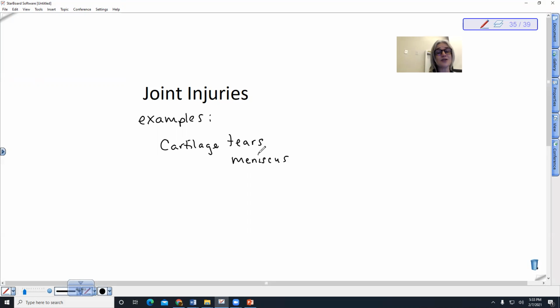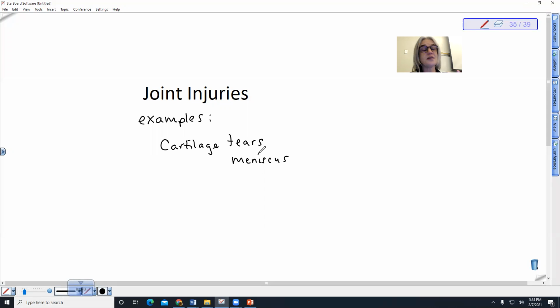Sometimes the meniscus is so bad that it has to be removed, or parts of it removed, and that is going to decrease the stability of the joint. It's going to be less stable because that helps to create a bigger articulating surface, right? Those surfaces come together better. And removal could also lead to damage to the articular hyaline cartilage.